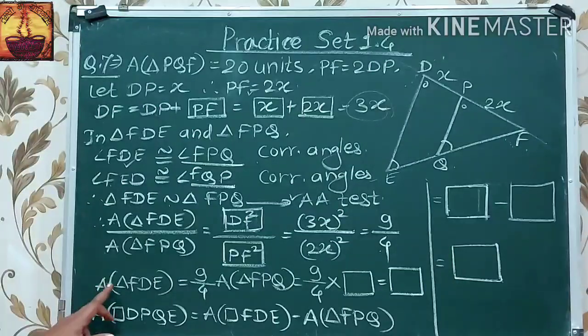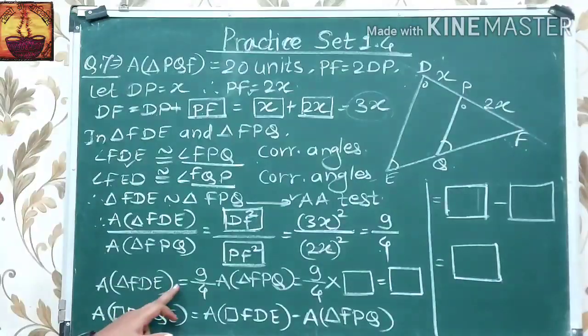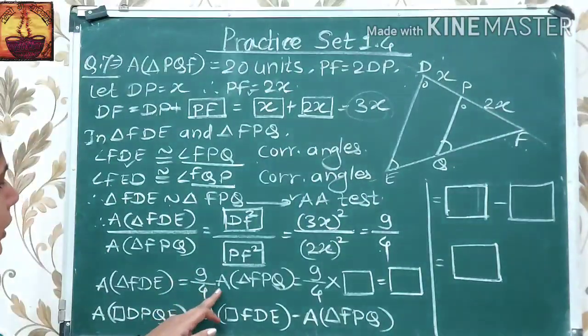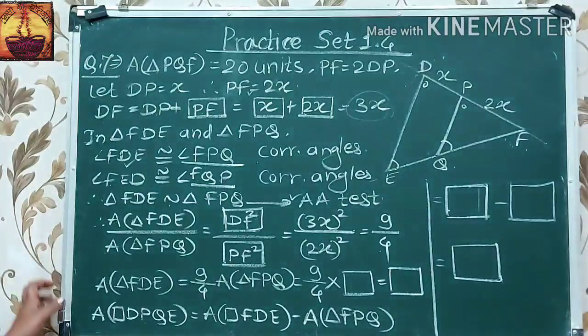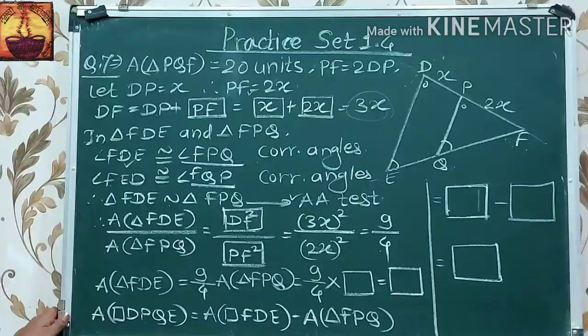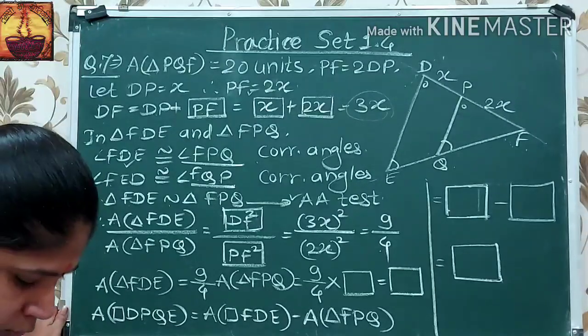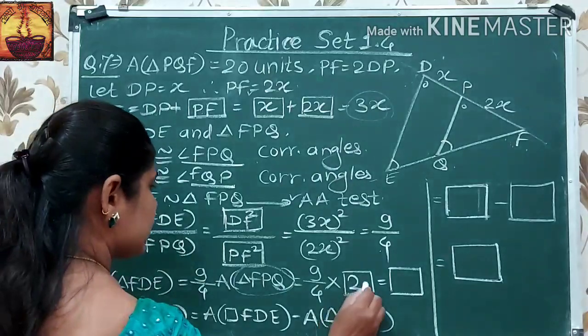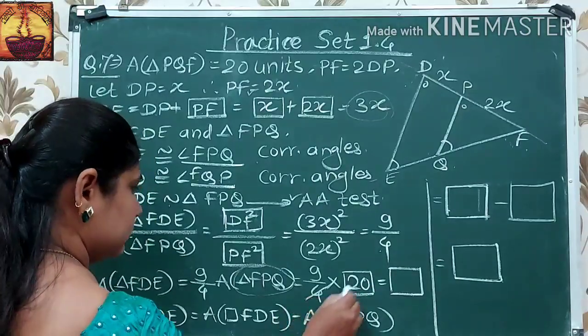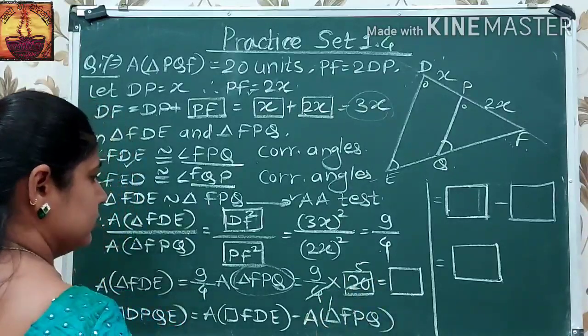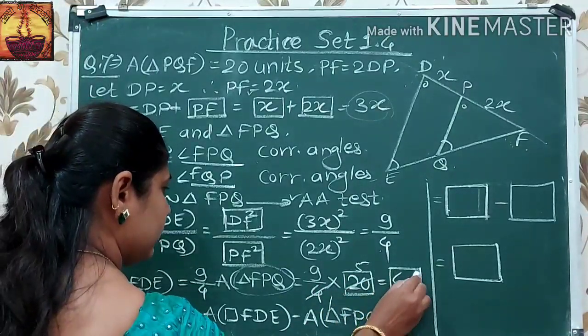Now area of triangle FDE is equal to 9 upon 4 into area of triangle FPQ, which is 20. After 4 5s are 20, 9 5s are 45.